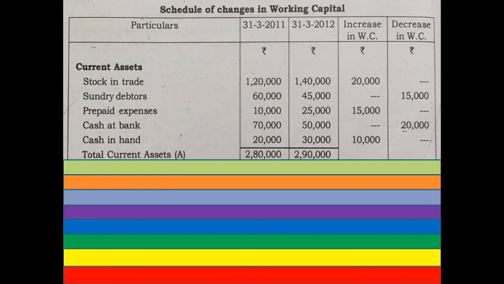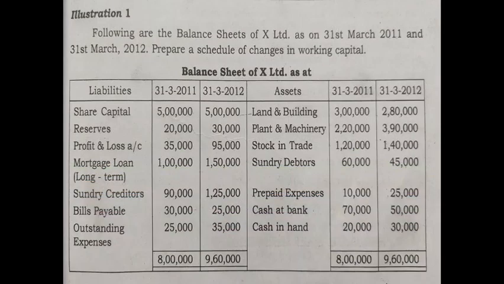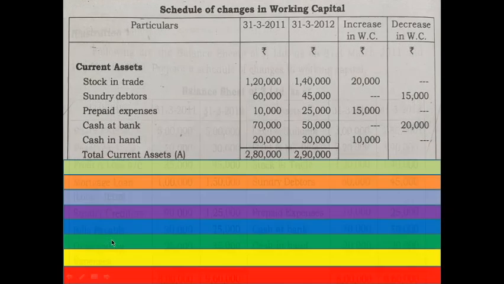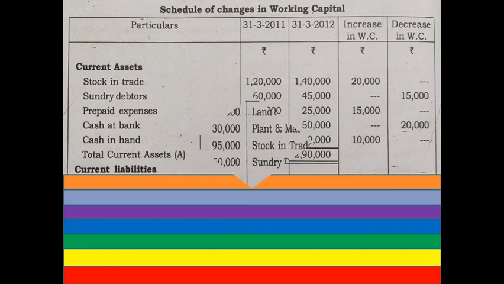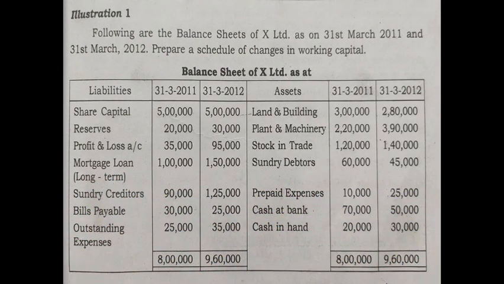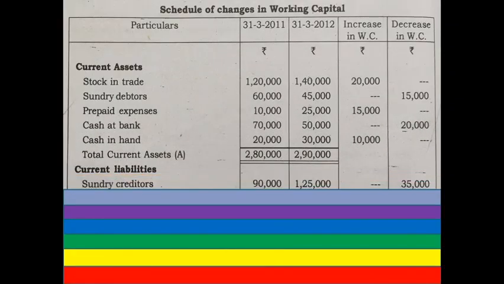Once you have dealt with current assets, you have to go for the next heading, current liabilities. Under here we have sundry creditors, bills payable, outstanding expenses. So current liabilities, first item is sundry creditors. 2011 it is 90,000 and 2012 it is 1,25,000. If you go through the amount, you can see that there is an increase in current liability.